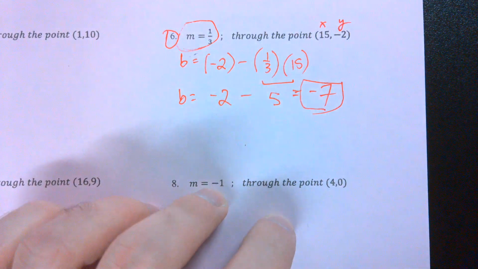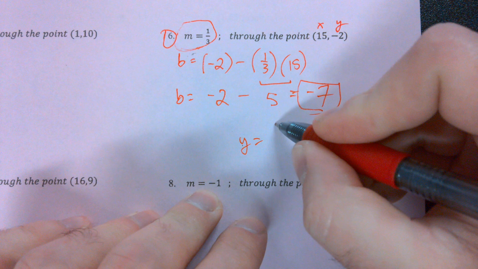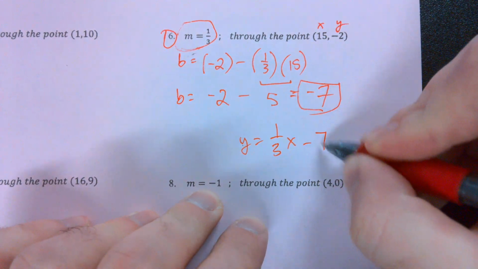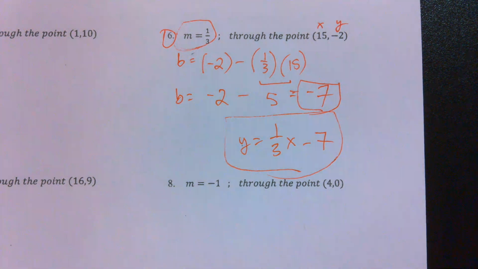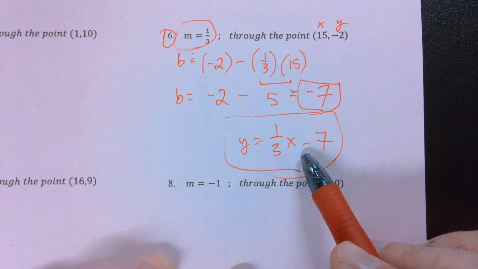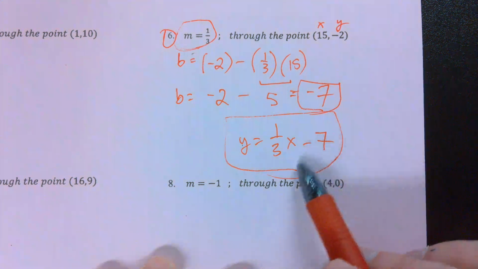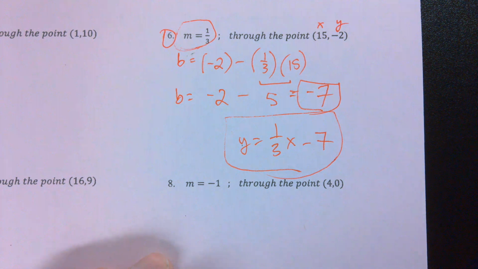We're going to take that 1/3 is equal to m and plug it in. Y is equal to 1/3 x minus 7. Because our b value is negative, we want to make sure we're subtracting it in our equation. All that tells us is that we intercept the y-axis 7 spaces below the origin.